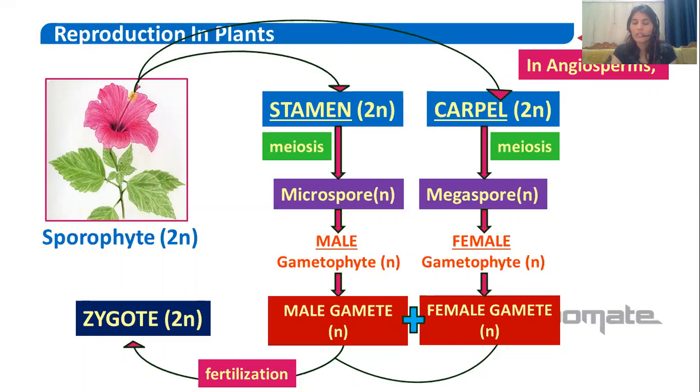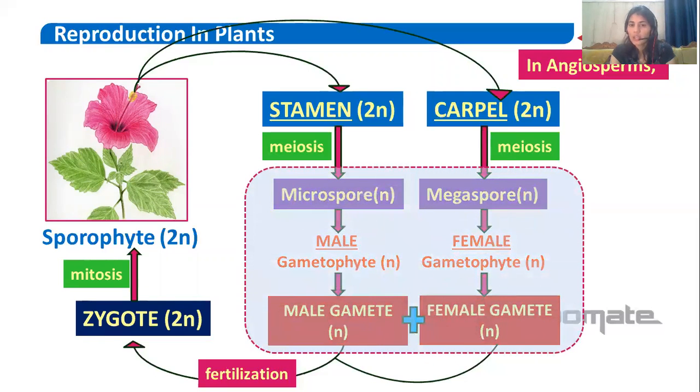This zygote will undergo mitosis. What is mitosis? Mitosis is equational cell division, meaning the cell will divide, but the genetic material, that is DNA, will remain diploid. So this alternation occurs.